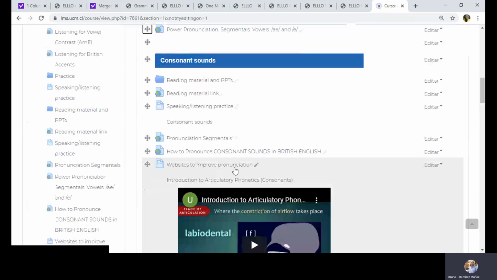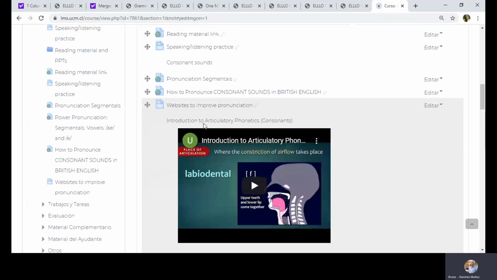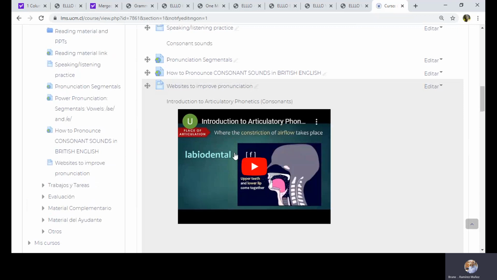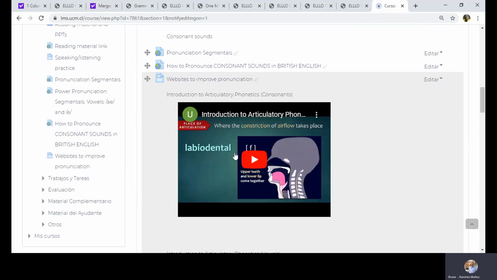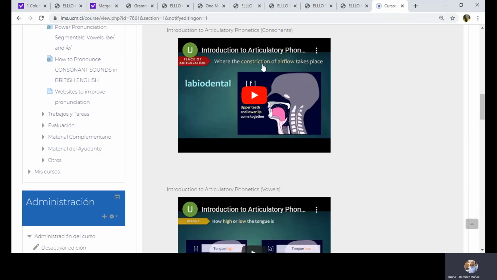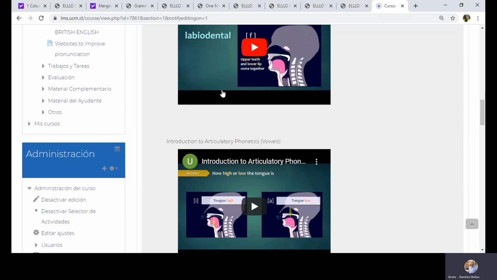How to pronounce consonant sounds in British English and other websites to practice pronunciation. Also, articulatory phonetics components. As you can see here, we may see in this video that they are describing the sound f as labiodental. You already know that.